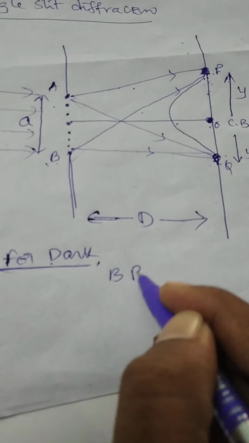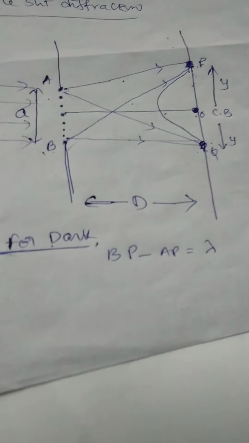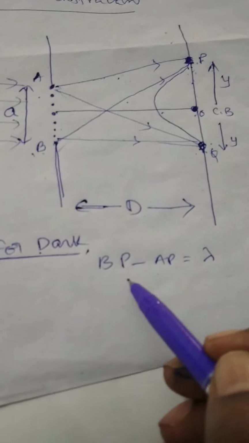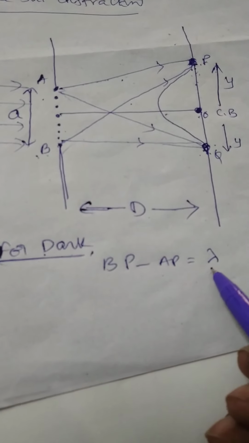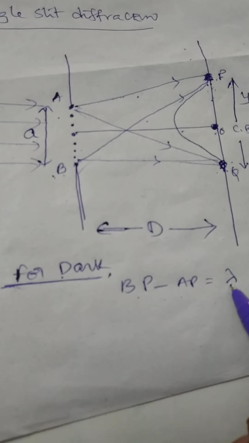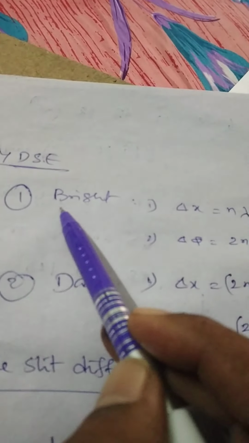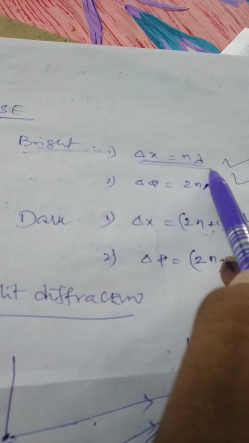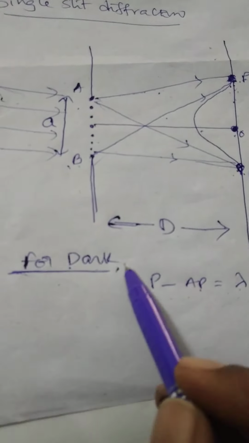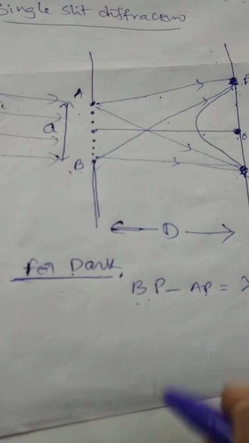Therefore BP minus AP is equal to lambda. Remember, BP minus AP, the path difference, equal to n lambda is the condition for bright in case of interference. So in case of interference, for bright bands delta x is equal to n lambda, whereas in case of diffraction, the path difference of n lambda is true for dark regions. That means interference and diffraction, both conditions are opposite.